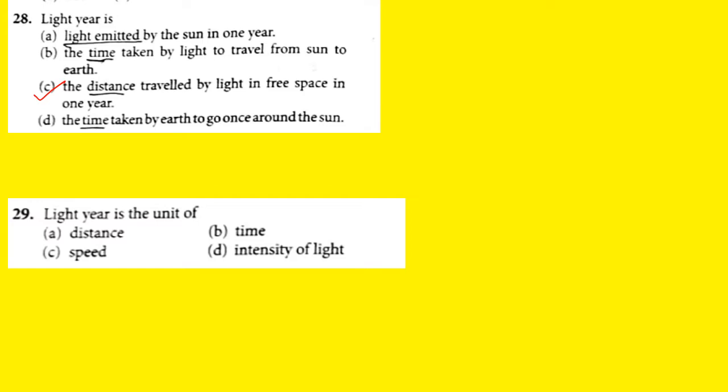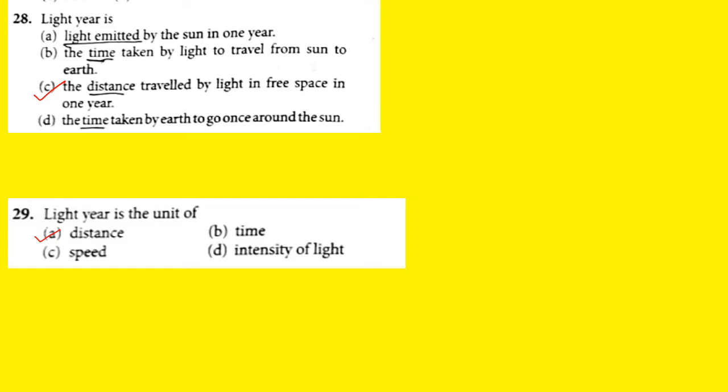Now the next one, light year. Light year is the unit of distance. So just now we saw, light year is nothing but the distance traveled. So light year is the unit of distance. So option A. Many children usually make mistake and they will say intensity of light. Be very clear, children.